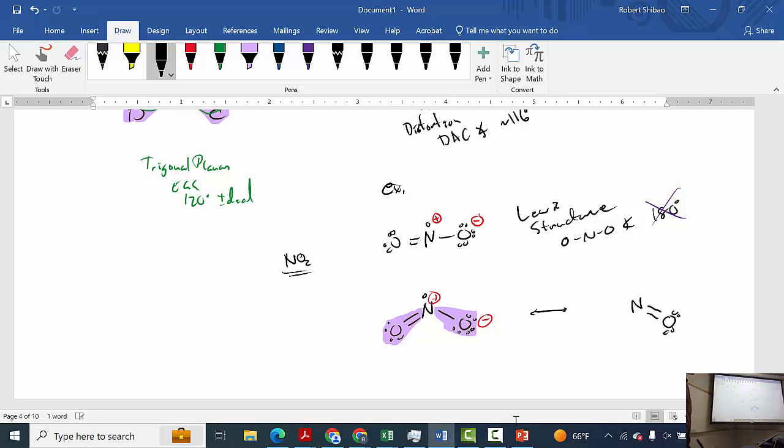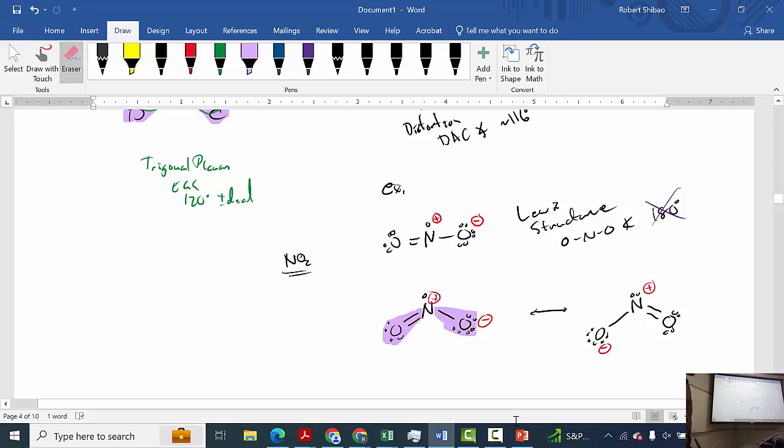This is just one of the resonance forms here. The other resonance form is going to look like the exact same thing, except, yeah, we just flip the double bond for oxygen.